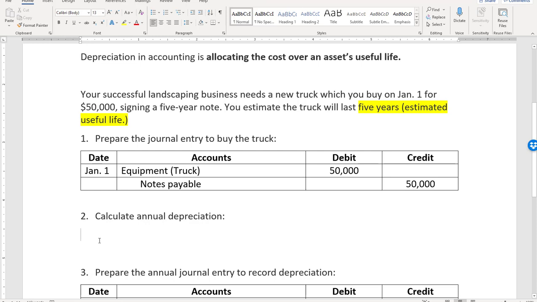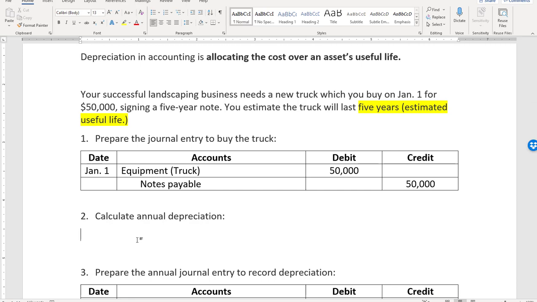Okay, so now we want to find out our annual depreciation. Remember, we want to allocate the cost of this asset over its useful life. Why? Because we have a $50,000 asset sitting there, and we're going to use this equipment to earn revenue. So remember that we want to match expenses with revenue.